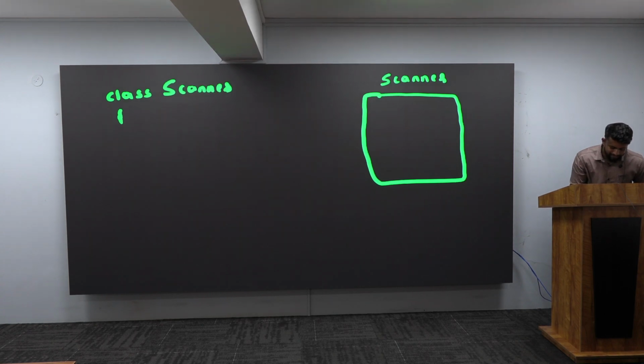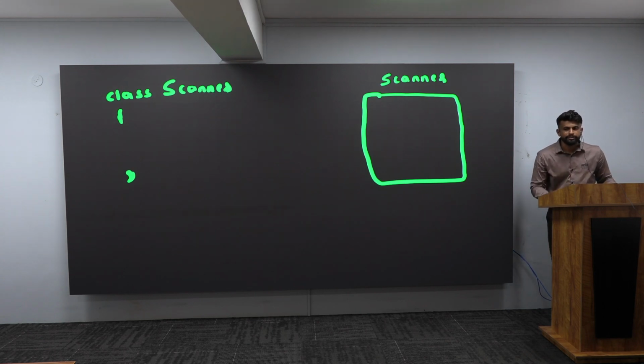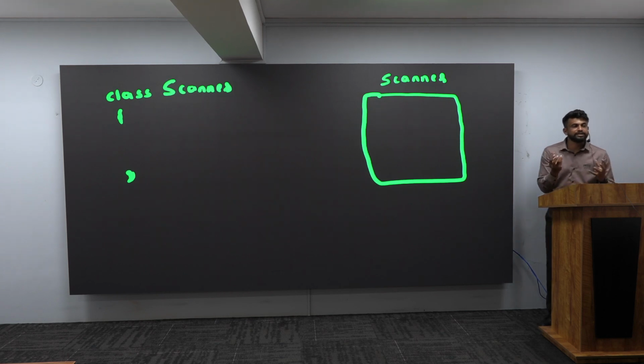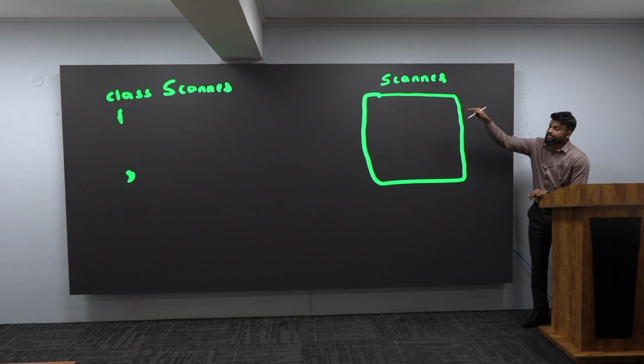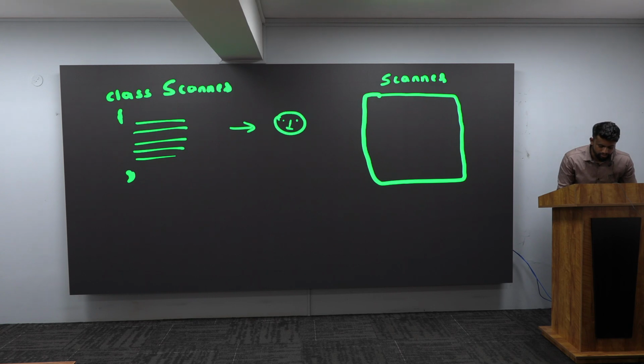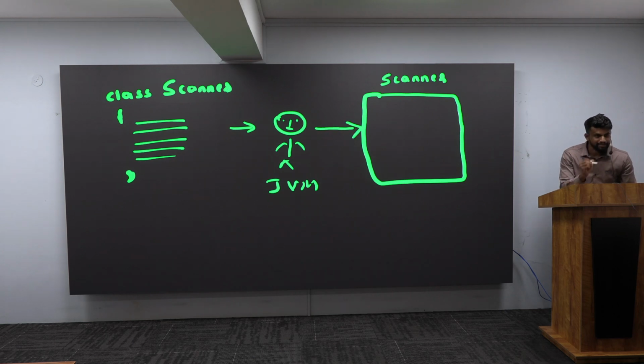Have you created the Scanner class? No. Then who created it? James Gosling, the creator of Java, has created that class and kept it. It is ready. Looking at this class, you have given it to the JVM, and the JVM, looking at that class, created the Scanner object.